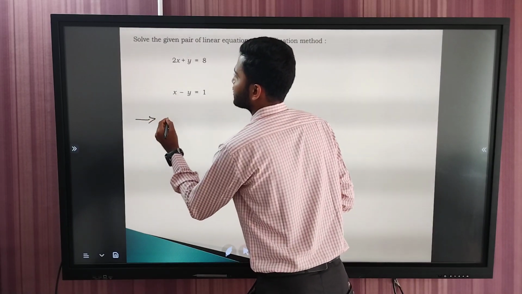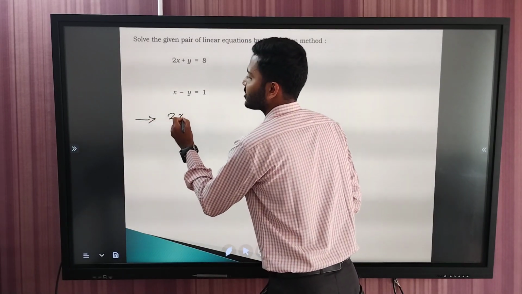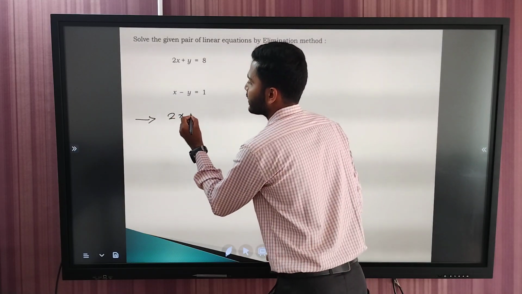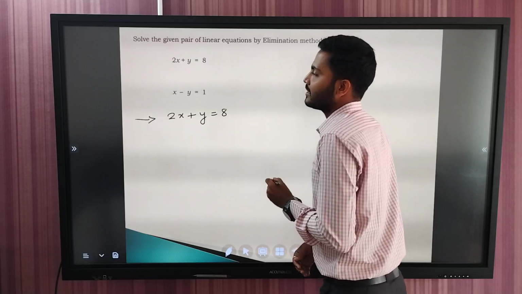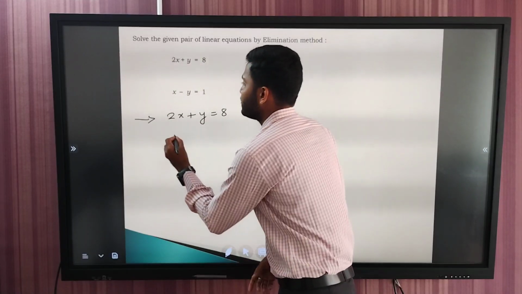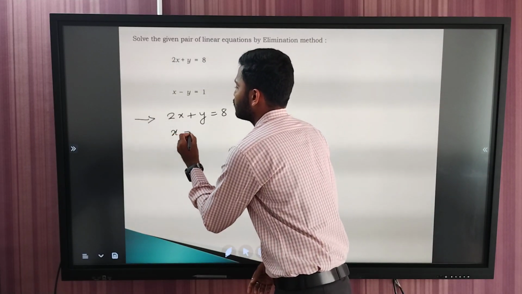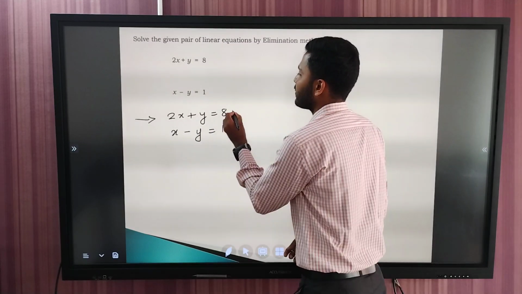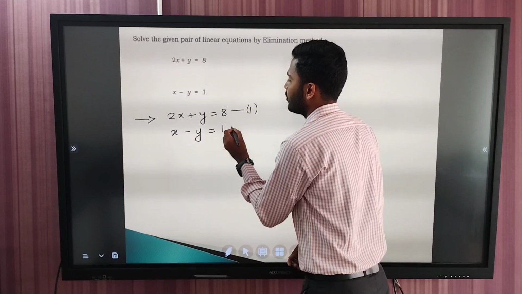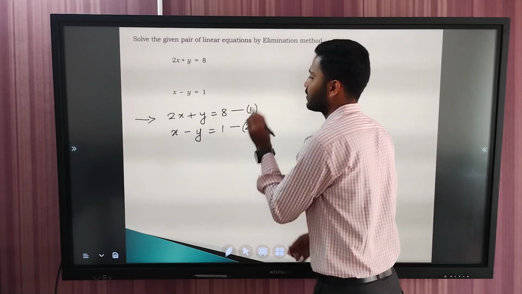So let us write down the equations once again. 2x plus y is equal to 8. Correct? Then the second equation, x minus y is equal to 1. Okay? So let me call this equation number 1, and let me call this equation number 2.